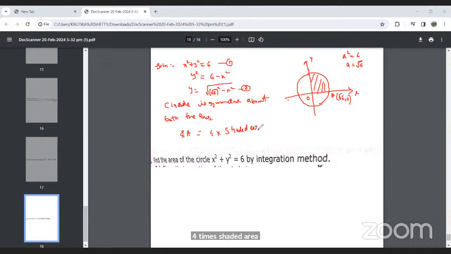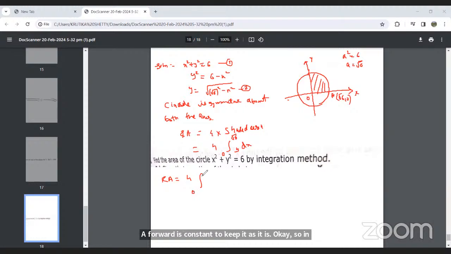We are only shading it in the first quadrant, so pay attention. The value will be equal to 4 into the shaded area, which can be calculated by the limits from 0 to root 6 of y dx. On simplifying further, the required area will be equal to 4, a constant, keep it as it is. In place of y, using equation 2, we need to substitute the term. So 0 to root 6 I'll keep as it is.